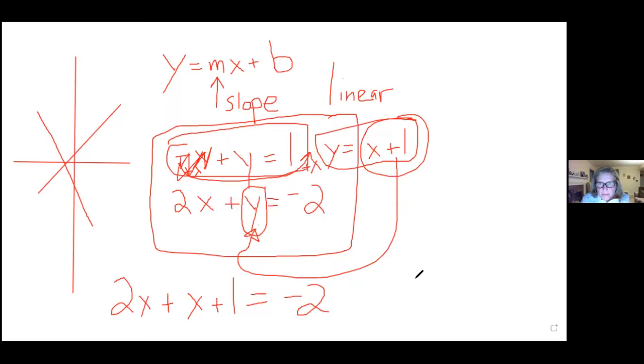And they become 3x plus 1 equals negative 2. Sorry, I'm getting a little messy here.